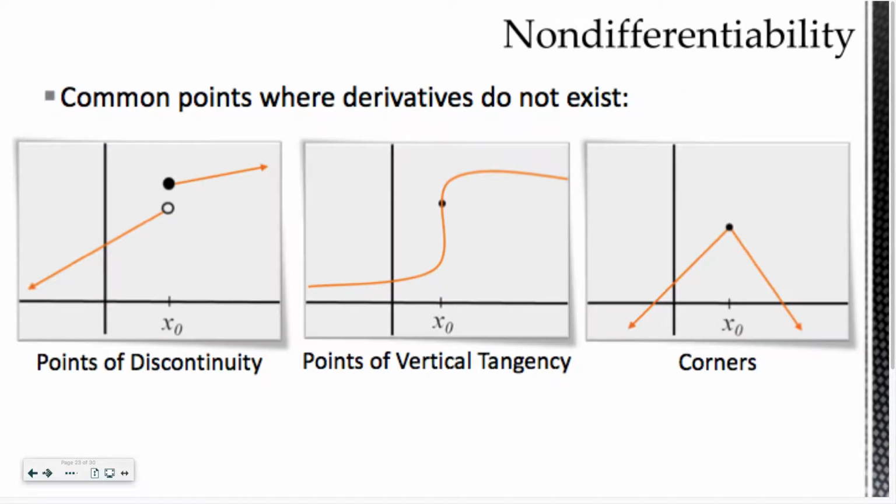So we have discontinuity, vertical tangents, and corners. Draw these 3 pictures for me, and then I'll talk about why a corner would be non-differentiable.